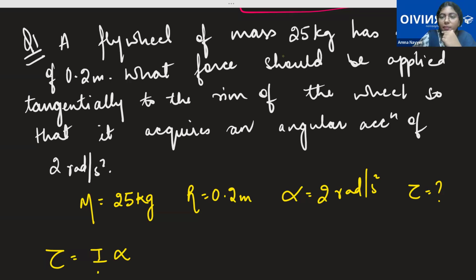So a flywheel of mass 25 kg, this says. A flywheel is like a frisbee, that's a disc. Now, what force should be applied? Aisha, you were asking how do we know about the axis. Now look, if it is not mentioned, without any figure or direct mentioning of the axis, it has given what force should be applied tangentially to the rim.